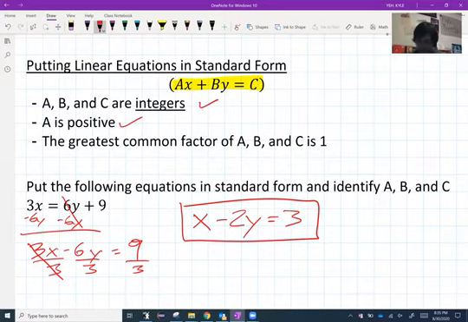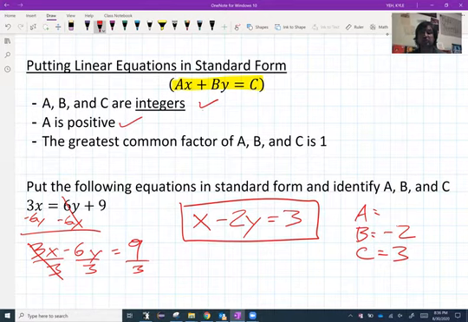So the other part of this question asks us to identify what a, b, and c equal. c, fairly obvious if we're comparing it to our standard form general equation. c is 3, just the number part on the other side of the equation. b is the number of y's, and it's important that we write -2. That negative is significant and important, and it is incorrect if we don't include that negative and just say 2.